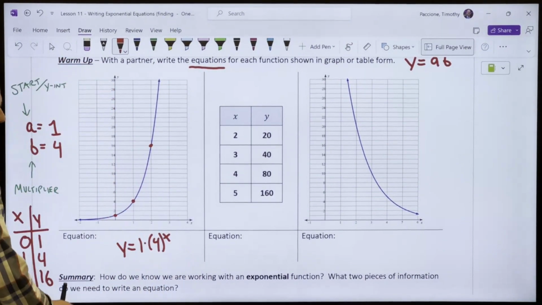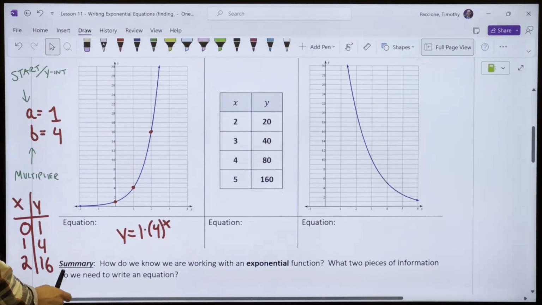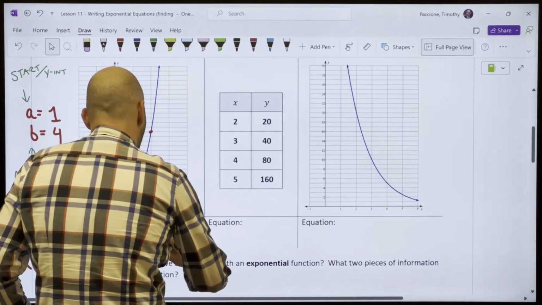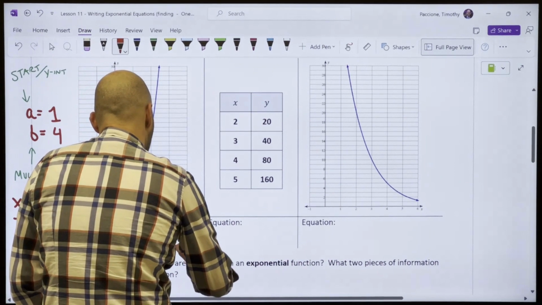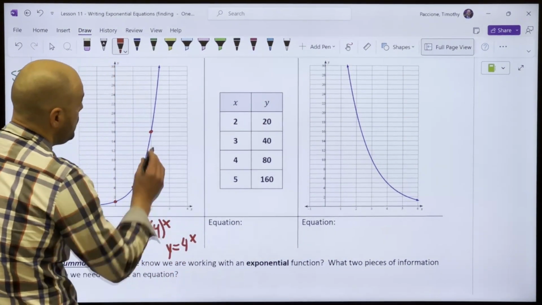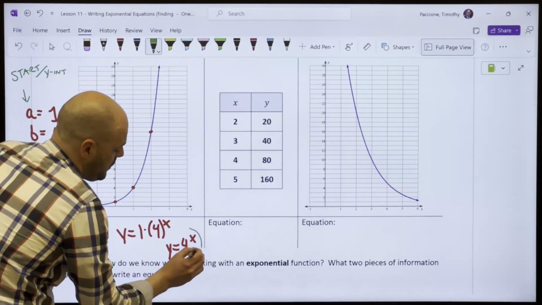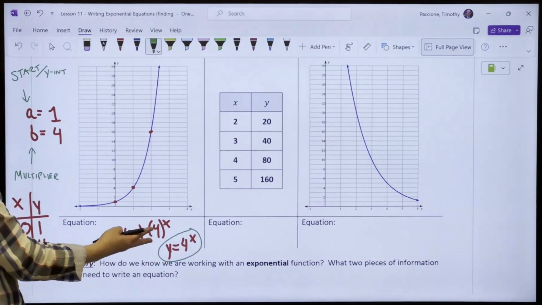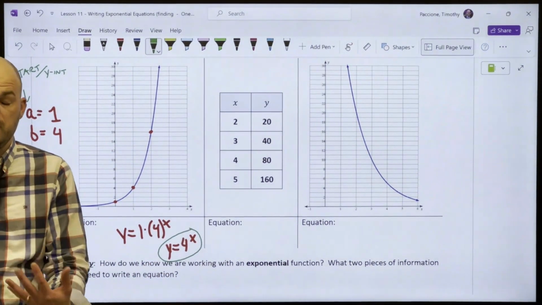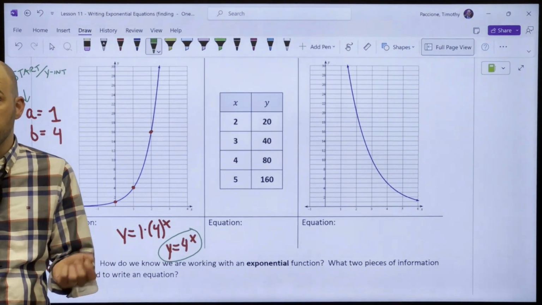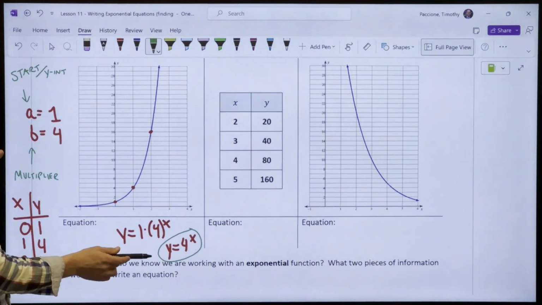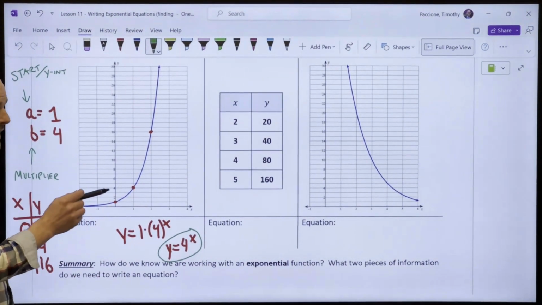But what's a simpler way to write that? Just 4 to the x, because 1 times anything is just itself. So, okay, we have done the equation. We've answered the problem. We've written an equation for the function. Now, what I want you to pay attention to here is kind of the backwards version of this, right? It's not being asked right now.